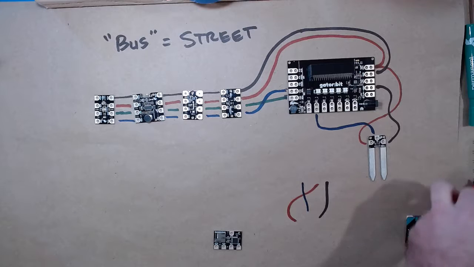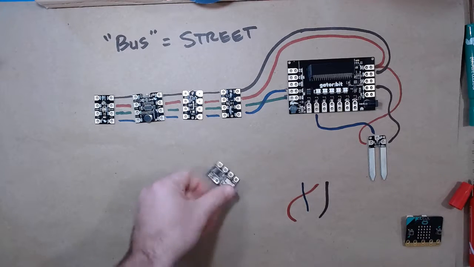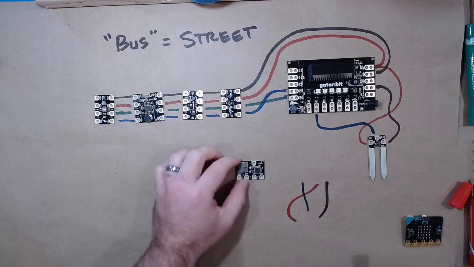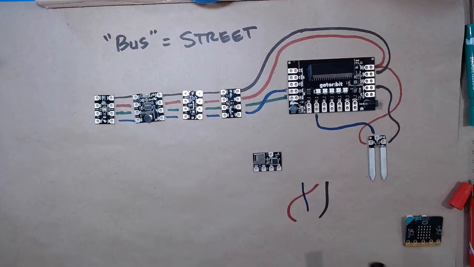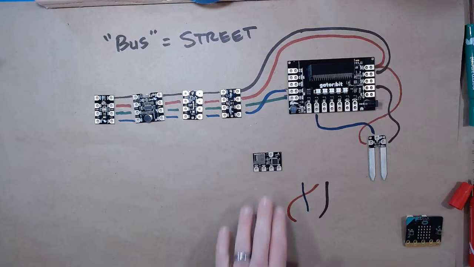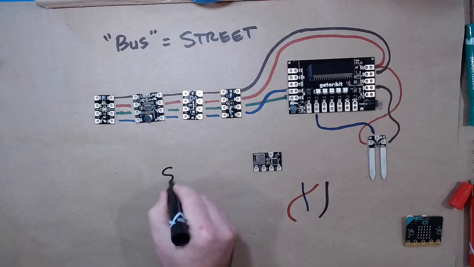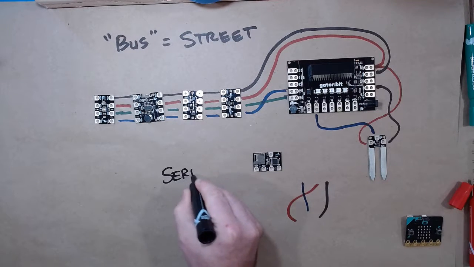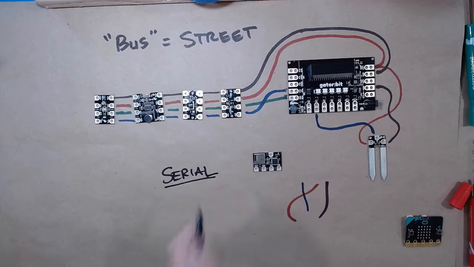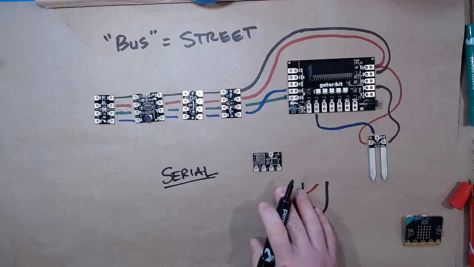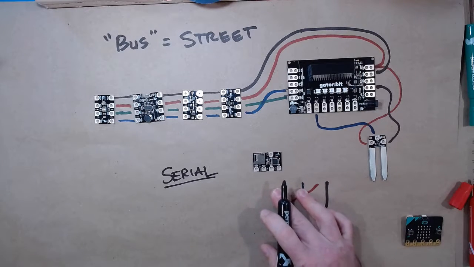Now, that being said, the one last board is the Gator log. This communicates over what's called serial. Serial is similar to I2C, but it's a fancy way for multiple devices to communicate back and forth.